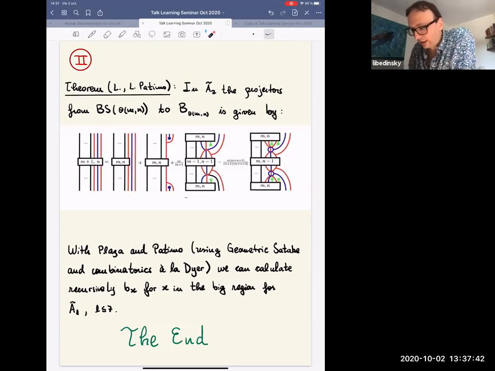So we have an explicit formula that is based on the geometric Satake and a conjecture by Ben Elias that he calls the clasp conjecture. We were inspired by these things to prove this. This is a theorem.